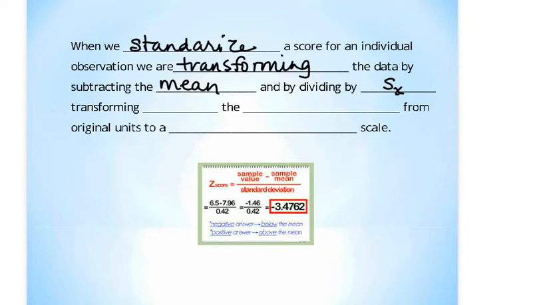And what that does is transforming converts the observation from the original units to a standardized scale.